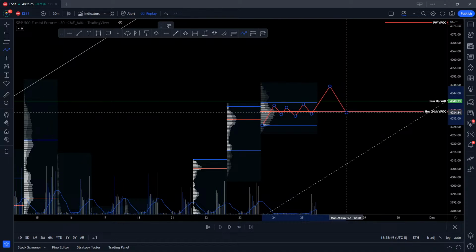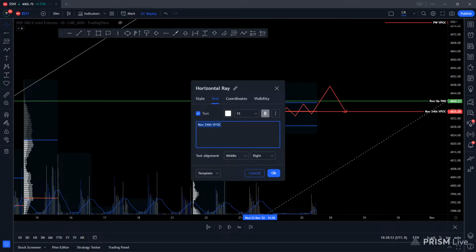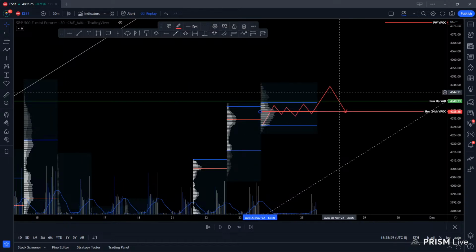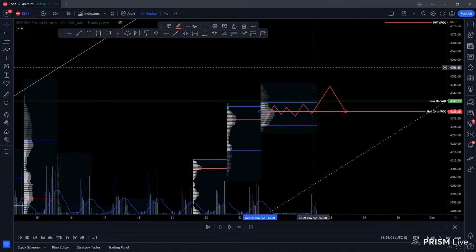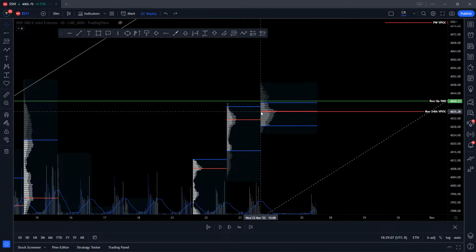Once price comes back and touches it, then it turns into just a POC. This is an important distinction because virgin POCs are about 10 times stronger than POCs, and they act as price magnets. I mean, POCs do as well, but just not as strong as a VPOC does.